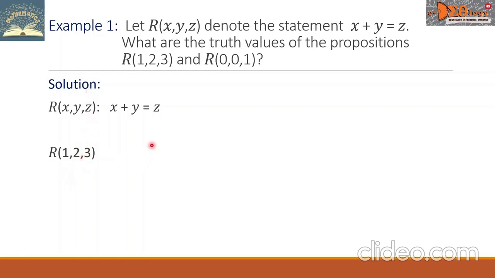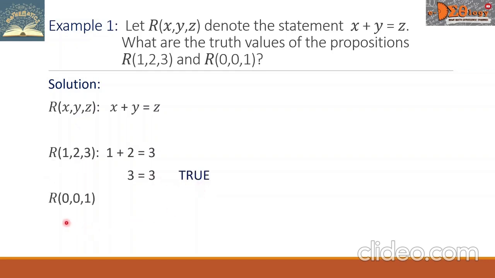Let us substitute the corresponding values in the equation. So we have 1 plus 2 equals 3. Simplifying the equation, the left side becomes 3 and that is equal to 3. So the truth value of R of 1, 2, and 3 is true.